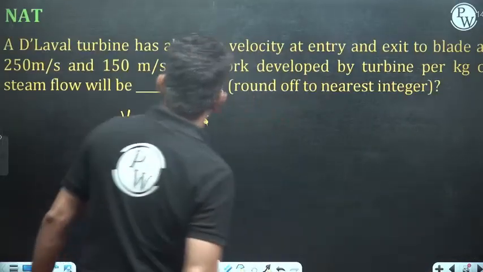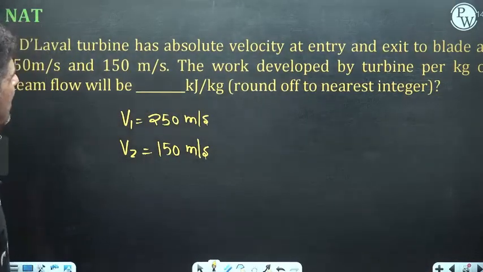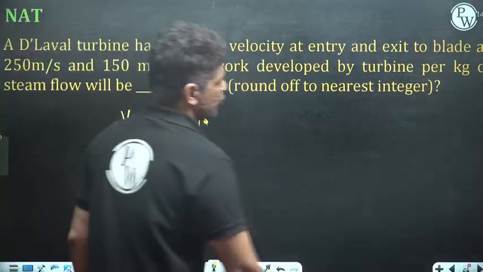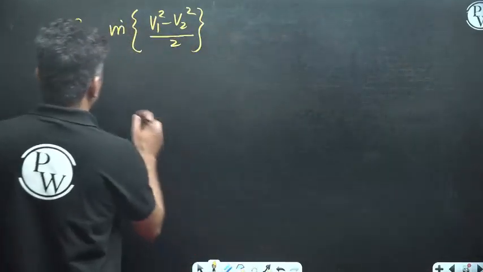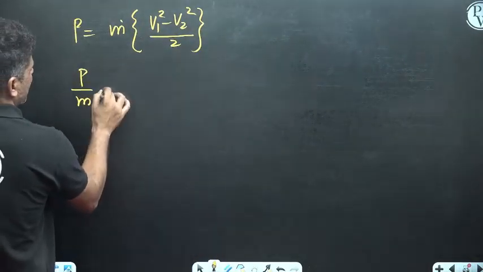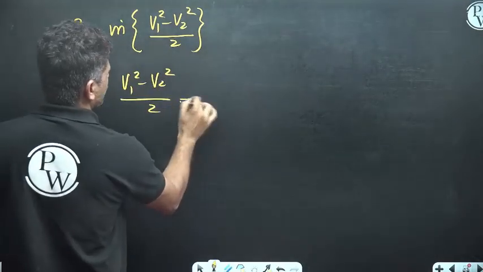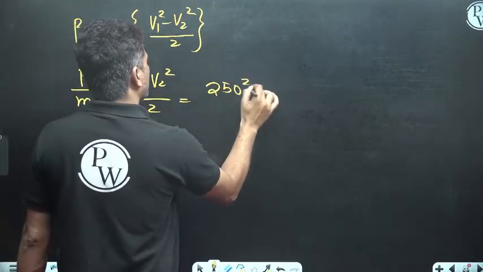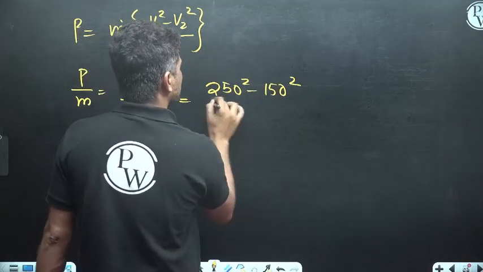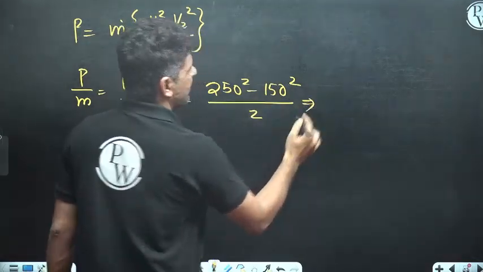He has given you m dot, and he is asking in kilojoule per kg. So power developed per kg will be equal to V1 square minus V2 square by 2. So that is equal to 250 square minus 150 square divided by 2.